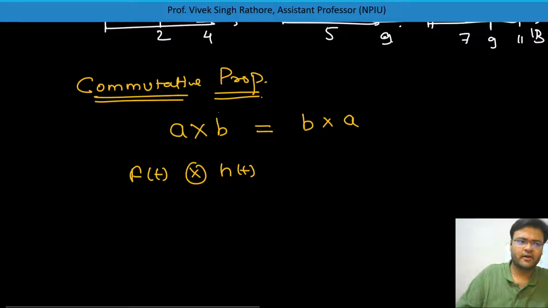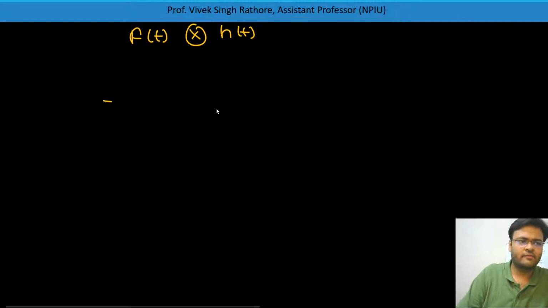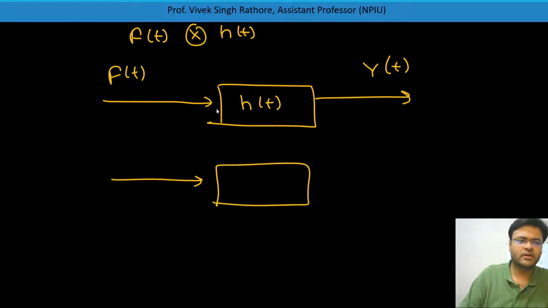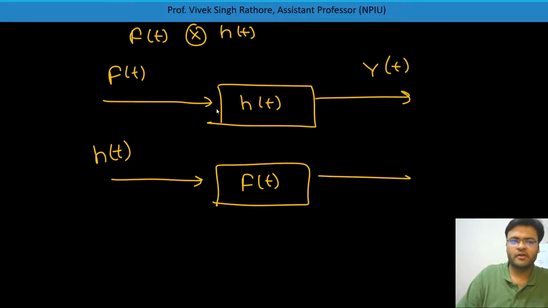If your input is ft and your impulse response is h of t, and you get the output like this, whether if you reverse it, giving input as ht and impulse response as ft, you will get the same output, that is actually the commutative property, and it is true. Both will be equal.